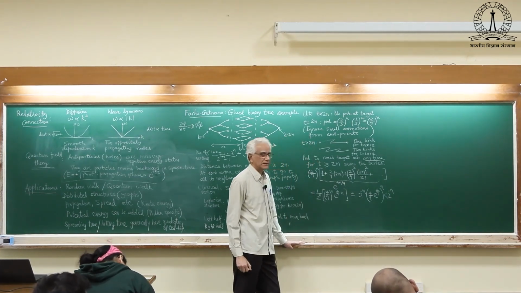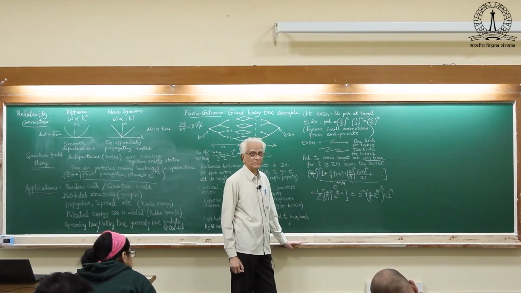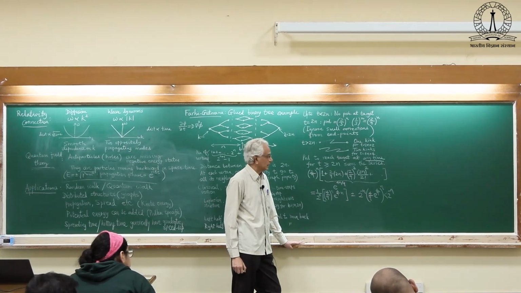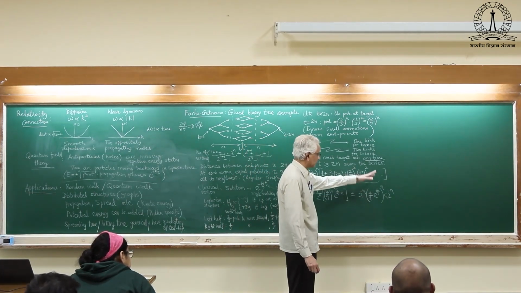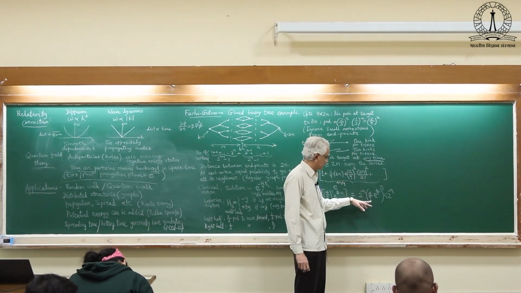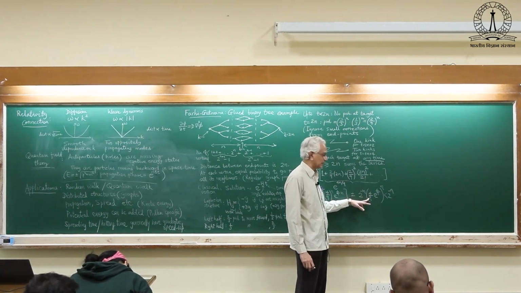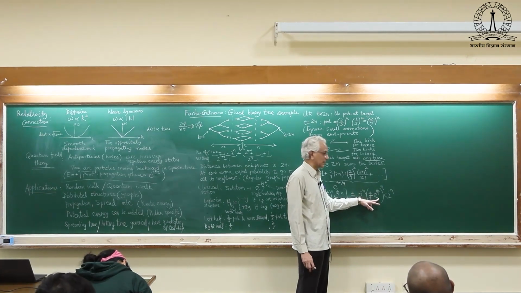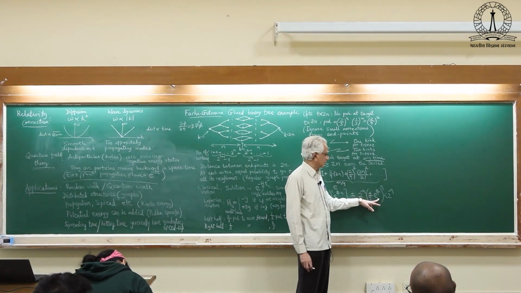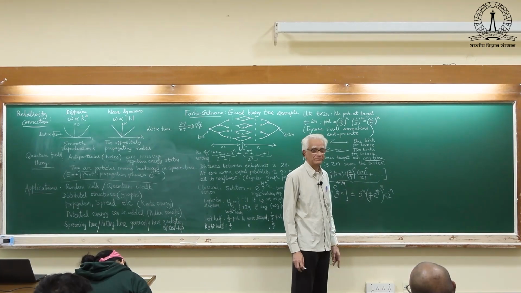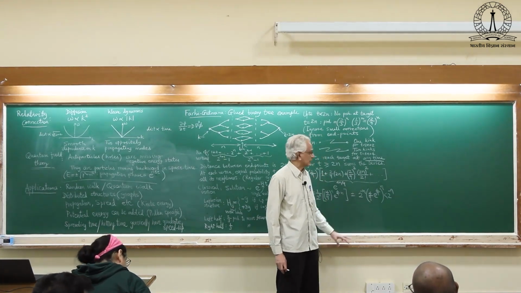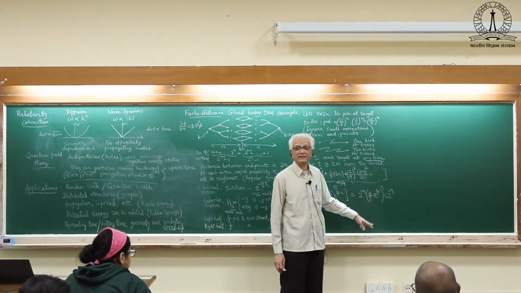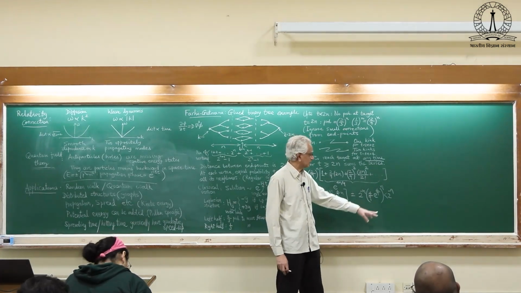The number here is less than 1. You can make a much tighter bound, but it doesn't matter. This is less than half, and square root of e is less than 2. So whatever is here is less than 1, and so this is a bound.